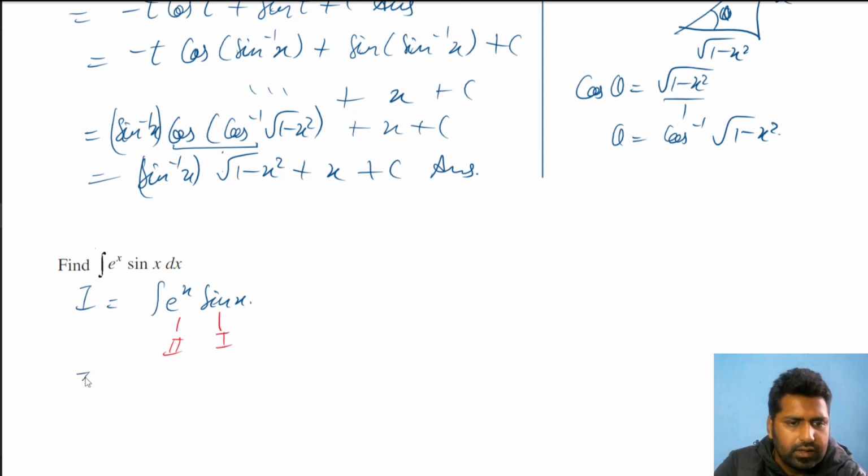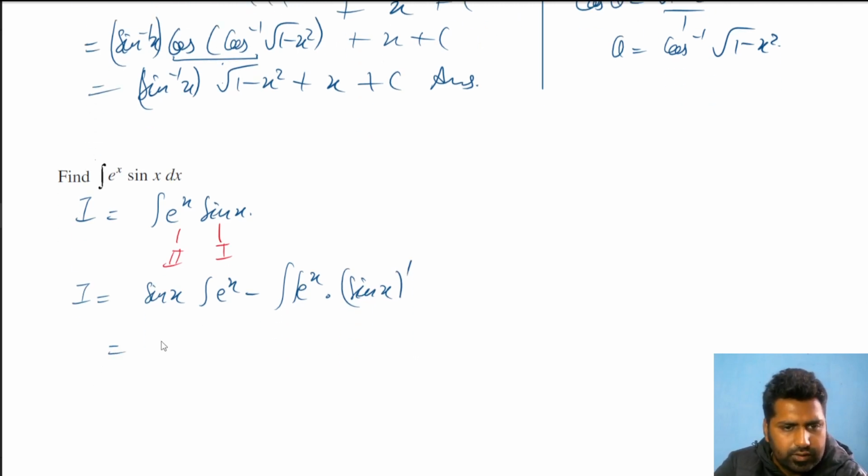Let's write here I is equal to sine x as it is, integration of e power x, then e raised to power x integration again, and differentiation of sine x. Okay. So this becomes sine x into e raised to power x minus integration of e raised to power x into the differentiation of sine x, which is cos x.